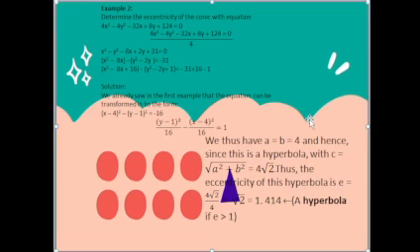And we already saw in the first example that the equation can be transformed into the form x minus 4 squared, because that's the binomial factor of x squared minus 8x plus 16, minus y minus 1 squared, that's also the binomial factor of the perfect square trinomial y squared minus 2y plus 1, equals negative 16, because negative 31 plus 16 is negative 15, minus 1 is negative 16.